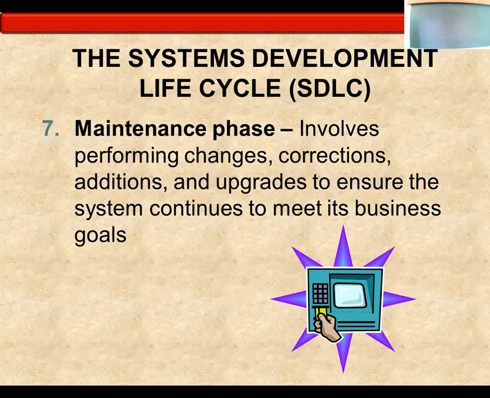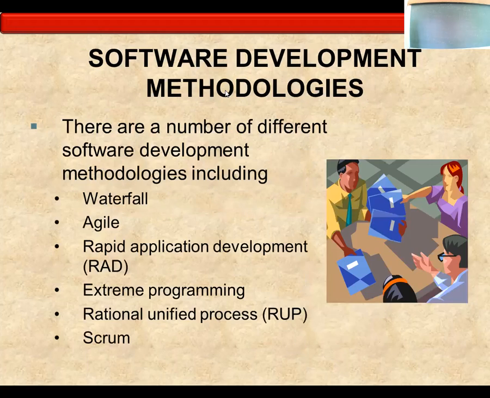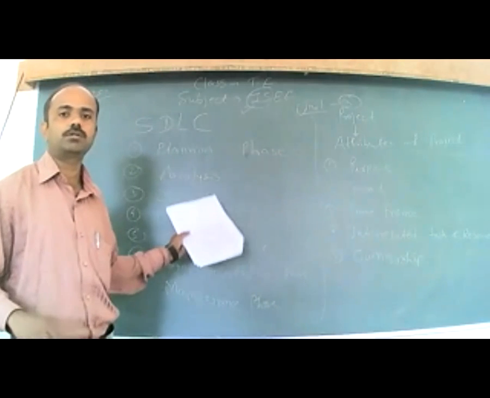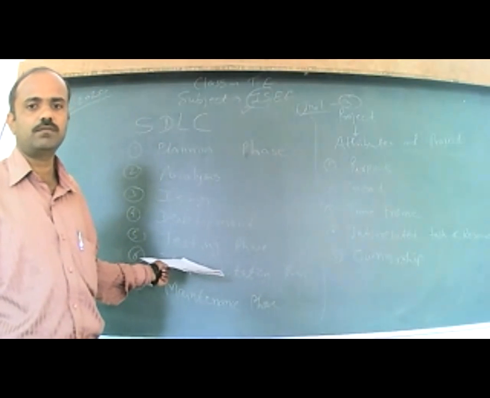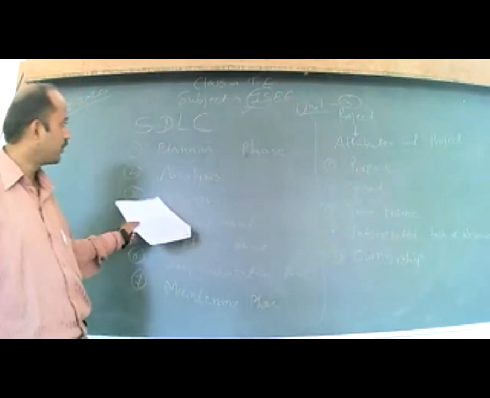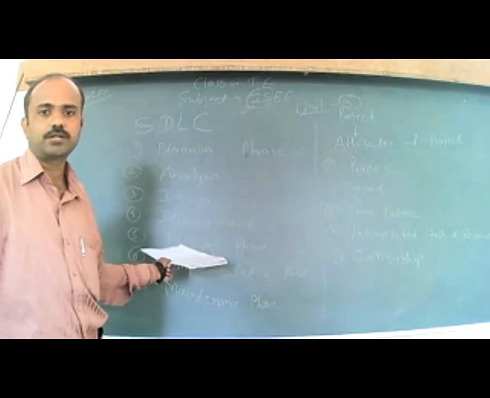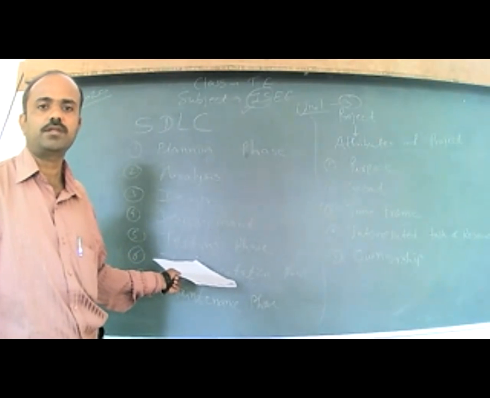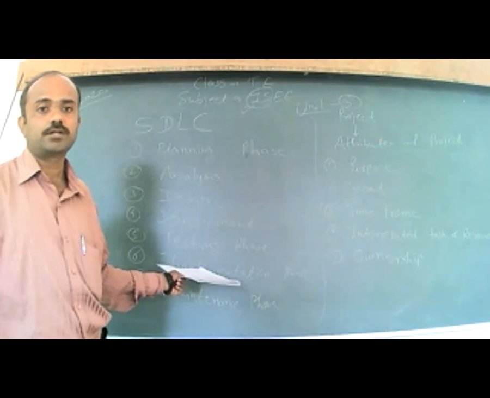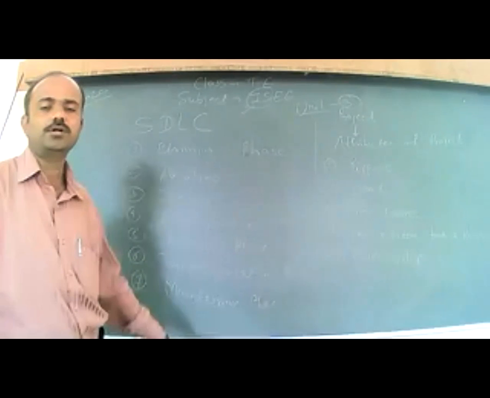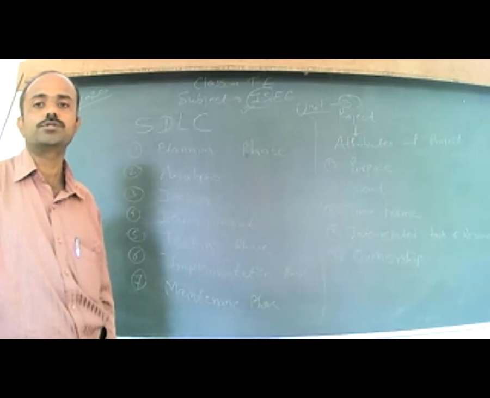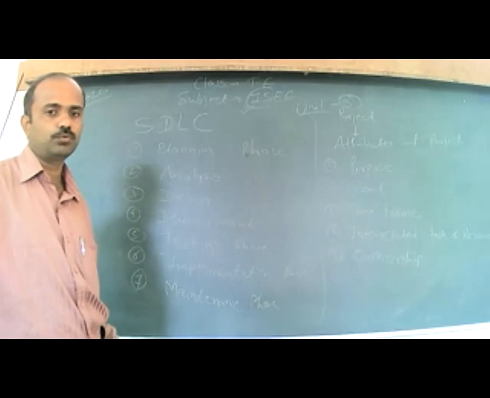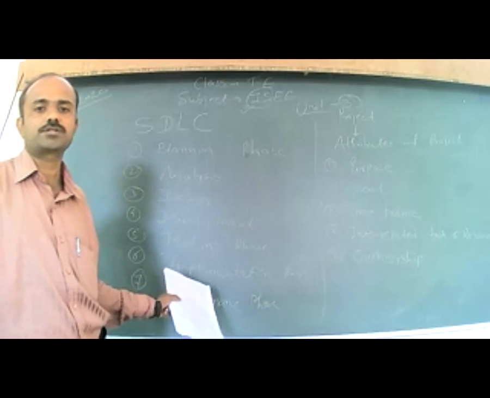So these are the seven different phases that we discussed today: from the planning of the project, to the analysis of the requirements and resources, till the design on paper or design of the project, then according to the design, the development of the project and testing before launching the project, then once it is launched, implementing the project in the user environment, and last is taking regular follow-up of that project and maintaining it to achieve the future business goals, and doing regular upgradations and necessary corrections in the project.